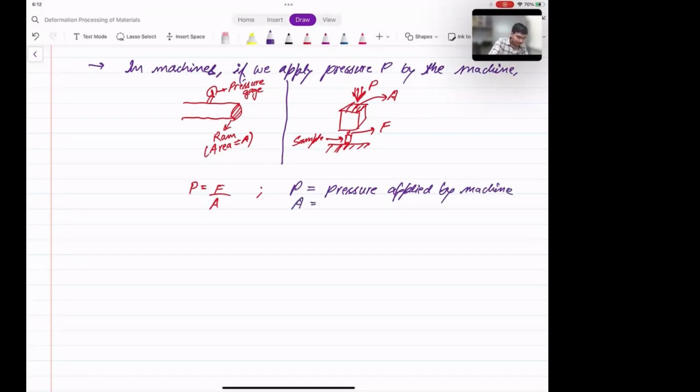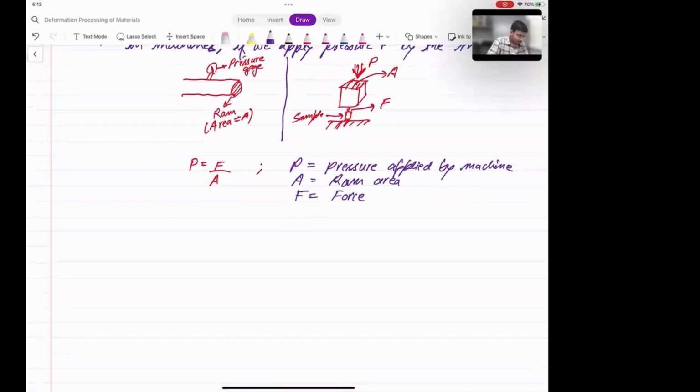A is ram area. F is the force. So now, to get the pressure on the sample, we simply have to convert the machine pressure to force, and then we will use this force and the area of cross section of the sample to get the pressure. Okay.